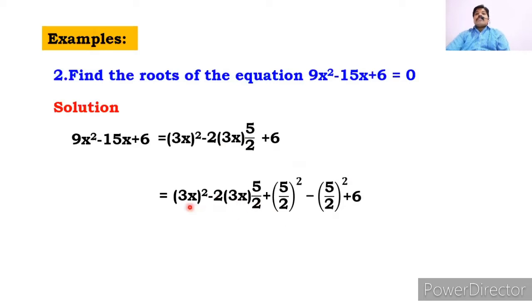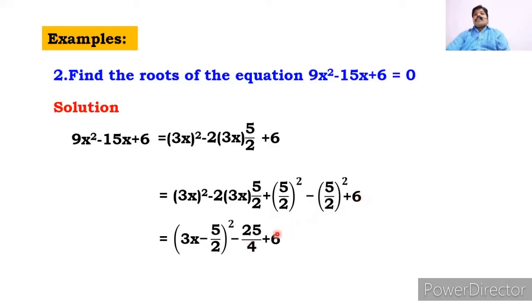It is in the form of a square minus 2ab plus b square. So it is nothing but (a minus b) whole square, that is (3x minus 5 by 2) whole square, minus this value, 25 by 4 plus 6.